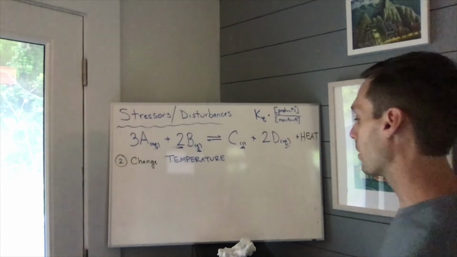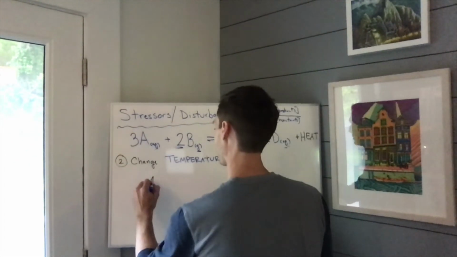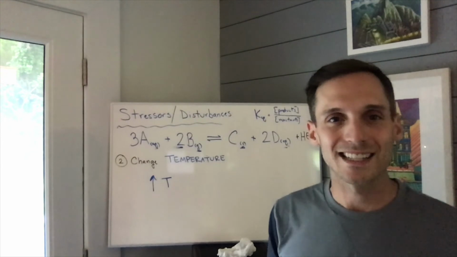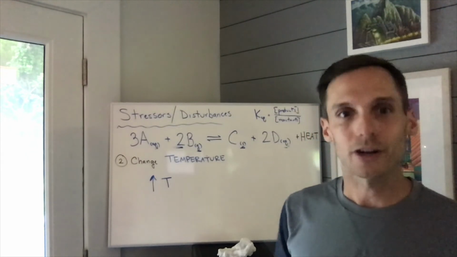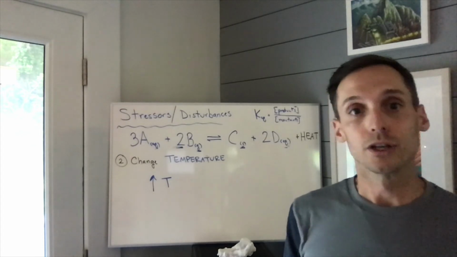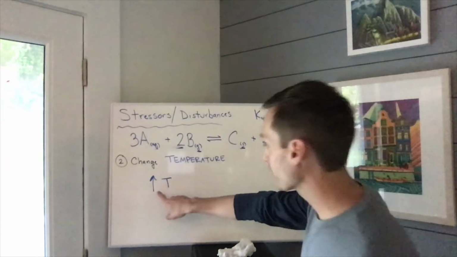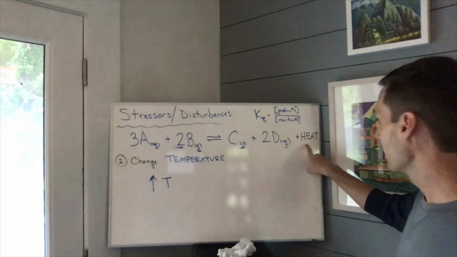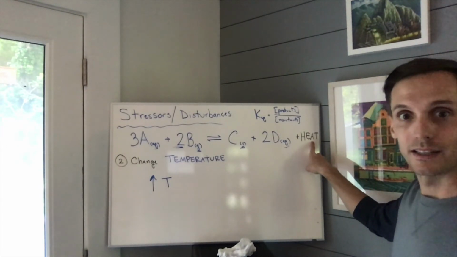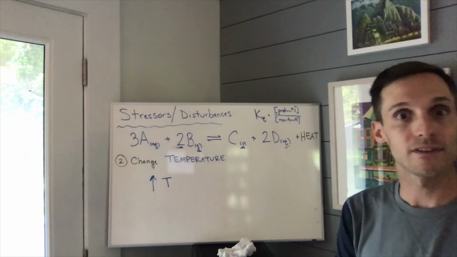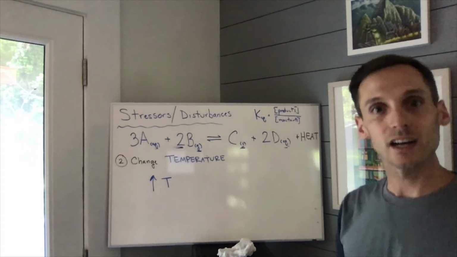So if we increase the temperature, basically you can think of that as adding heat, right? You're adding energy if you increase the temperature of the system. So if we increase the temperature, we are basically adding a product in this case. Then it just goes back to the first disturbance of adding or removing a substance.